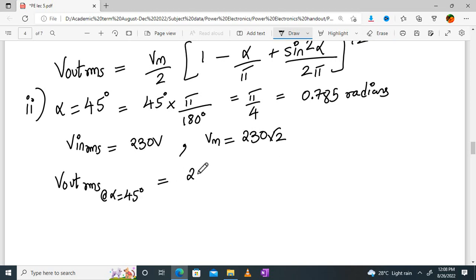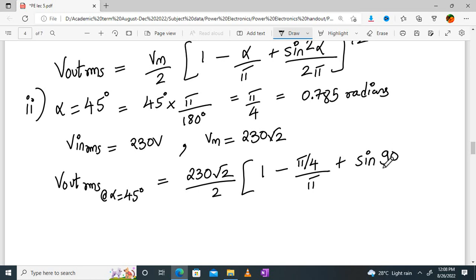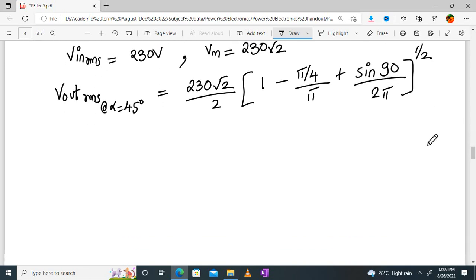It will be 230 root 2 divided by 2 into 1 minus alpha, pi by 4, divided by pi, plus sine 2 alpha, what is alpha? 45, right? So it will be sine 90 divided by 2 pi. The whole raised to half. Please calculate this V out RMS.